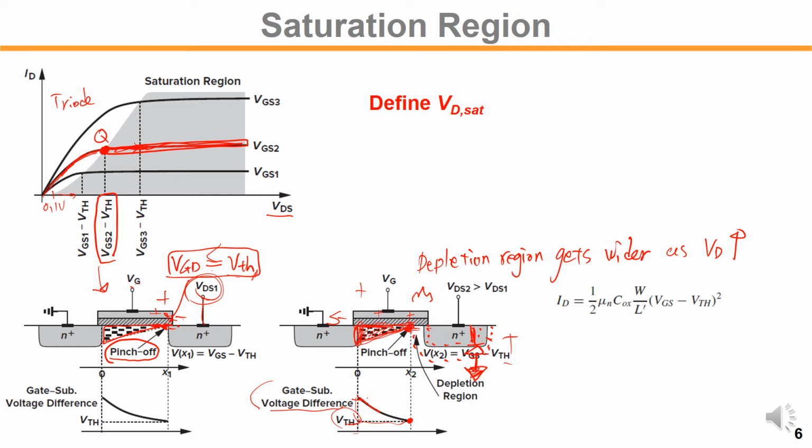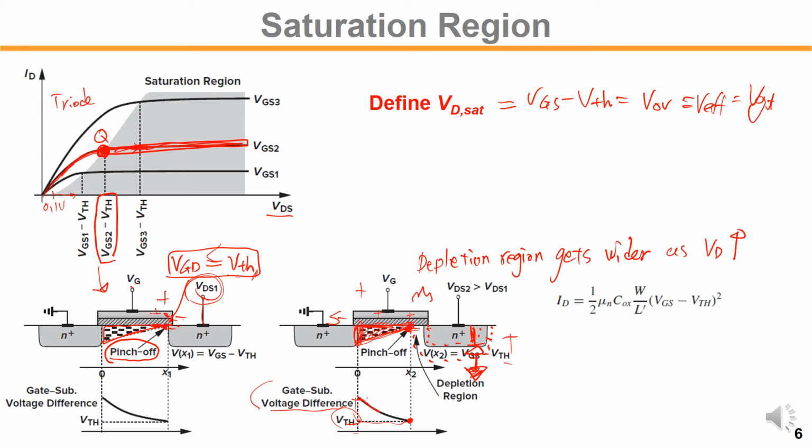So we define this critical point VDsat. The VDsat is defined by VGS minus VTH, which we call the overdrive voltage or effective voltage. In some other tools, VGT is something that has a similar concept to the overdrive voltage.